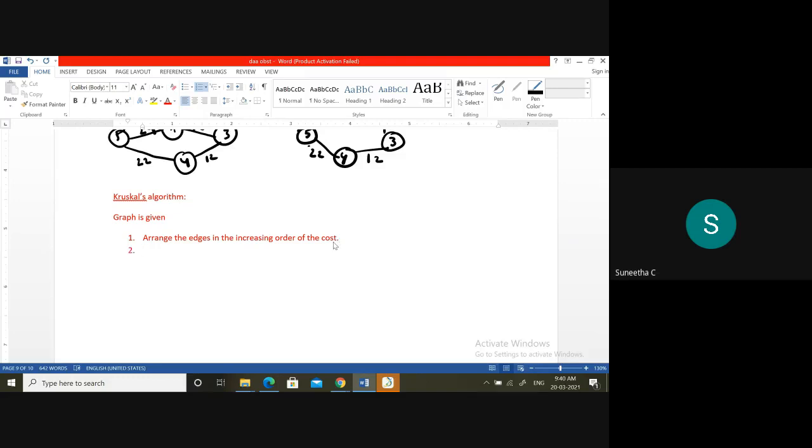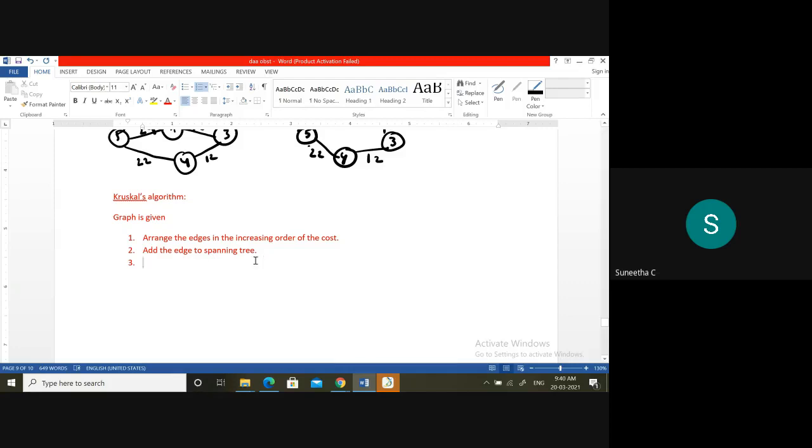Then first of all we take the first edge in the order and add that edge to the spanning tree. Next, we add the next edge to the spanning tree.